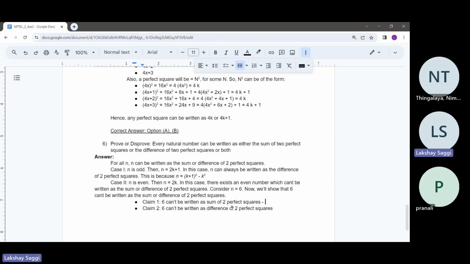And for claim one, 6 can't be written as sum of two perfect squares, this is very easy to see because perfect squares are always positive, so we only need to check the perfect squares which are less than 6, right?